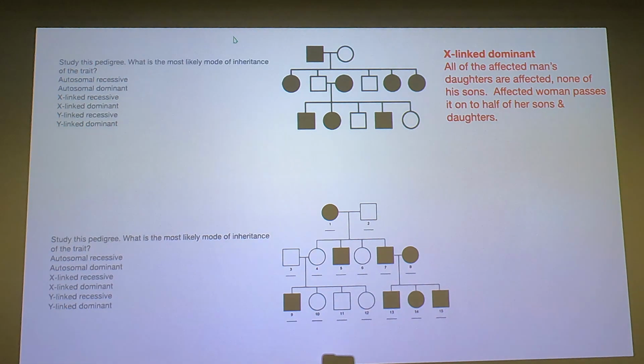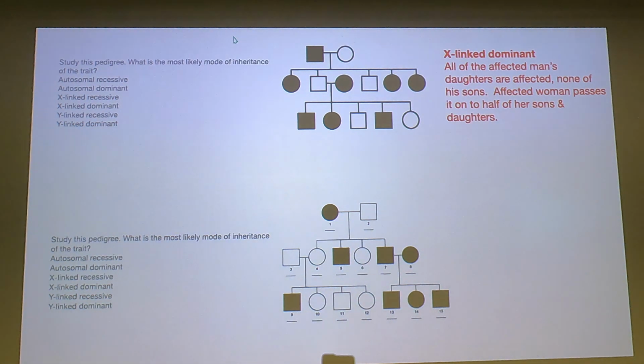Okay. Here's another pedigree. What's this one? Anyone? Somebody who hasn't answered already. Be brave. X-linked recessive. That sounds like a good answer. Why?